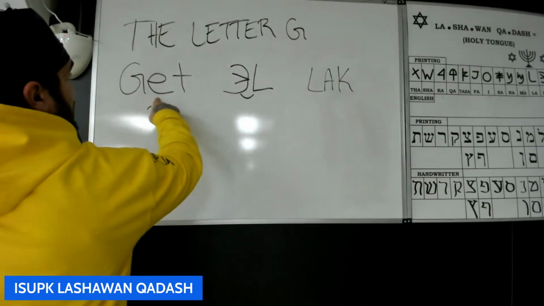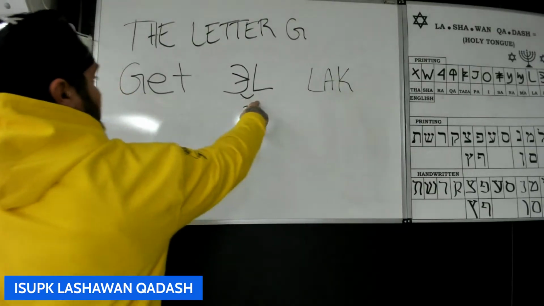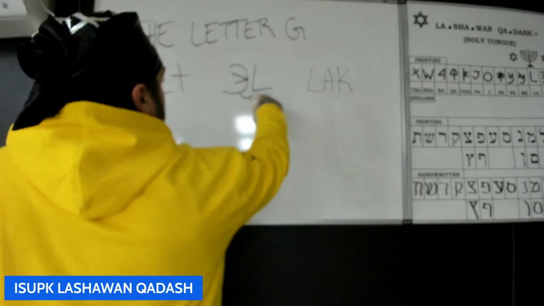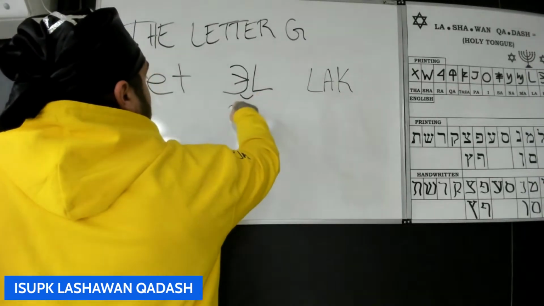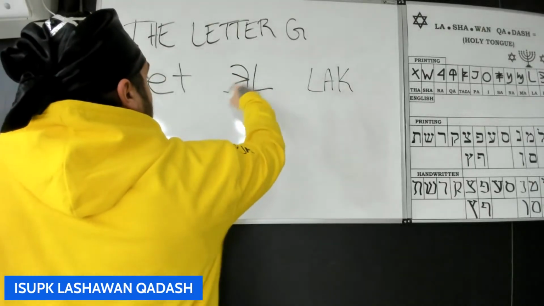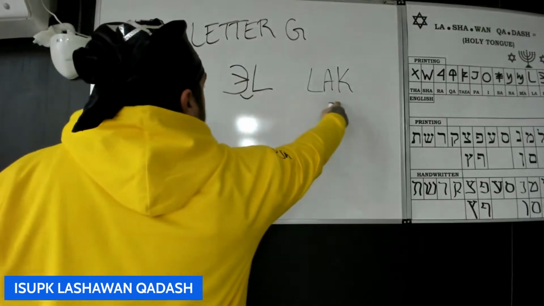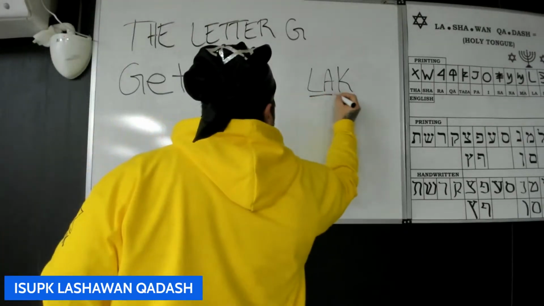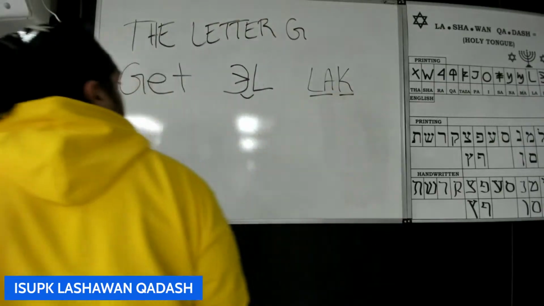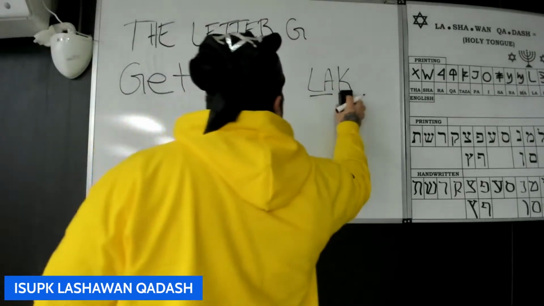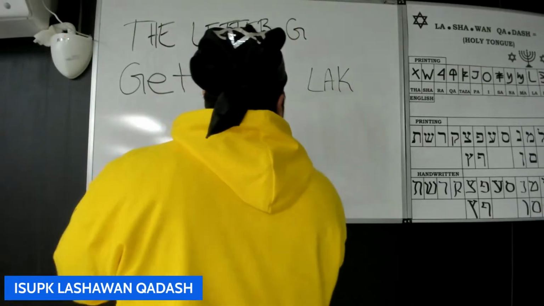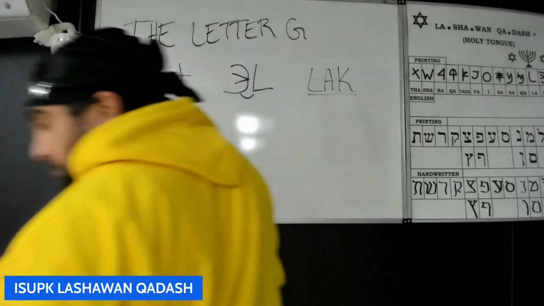So get in English will be written like this in ancient, which is la and the ka. But since you got la connected to the ka, you knock off the a on ka, so it's L-A-K. It's la, lak. Excuse me, my bad. It's lak.